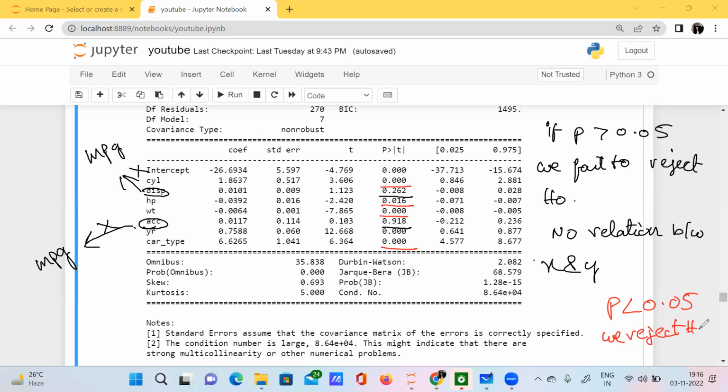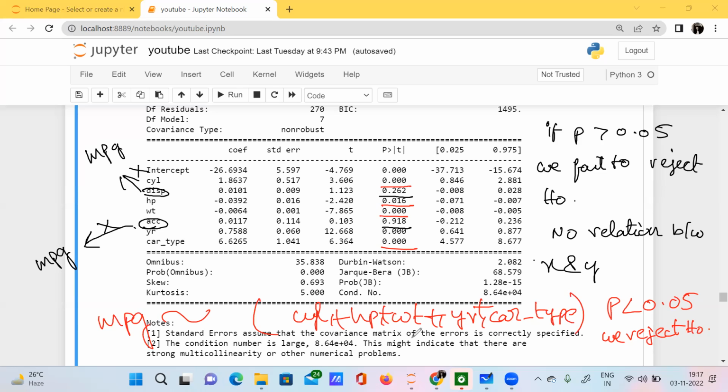We are saying that cylinder, horsepower, weight, year, and car type are all good predictors of MPG. These are actually predicting our MPG column much better. So we will consider these, right?